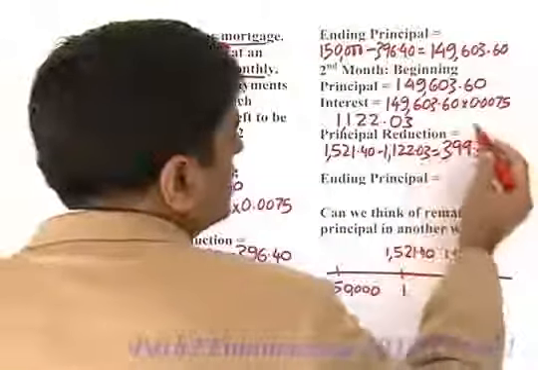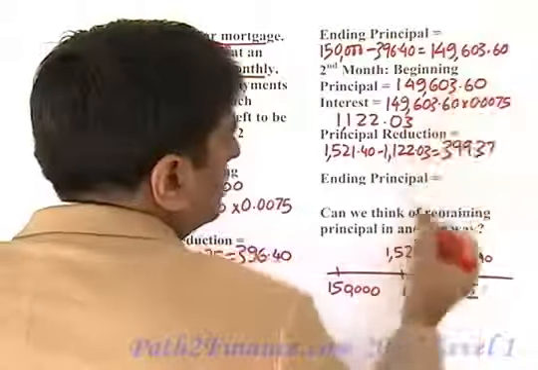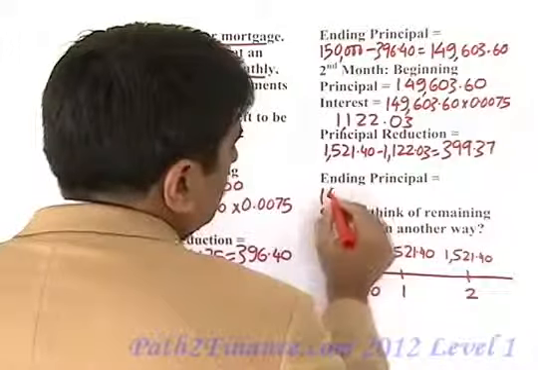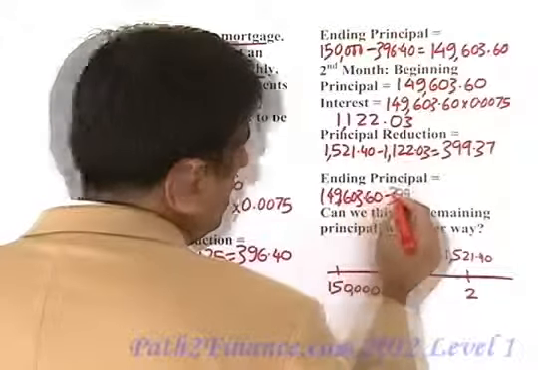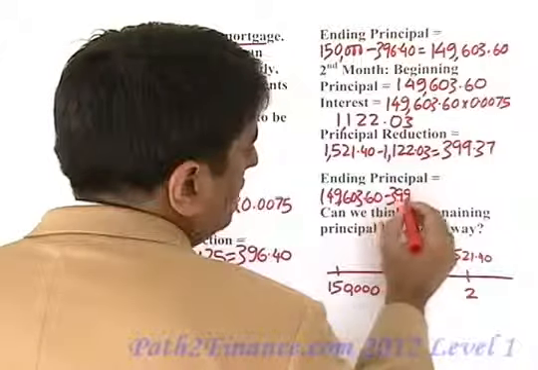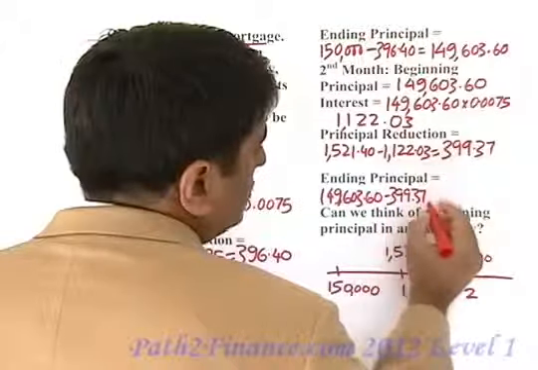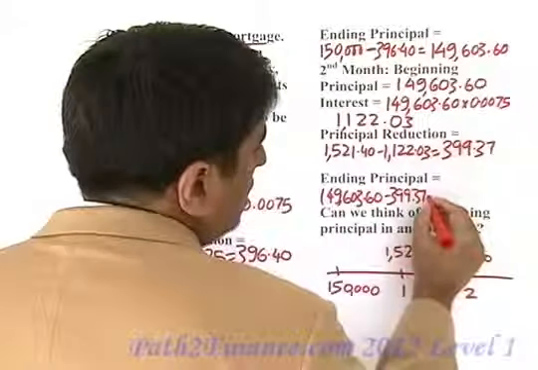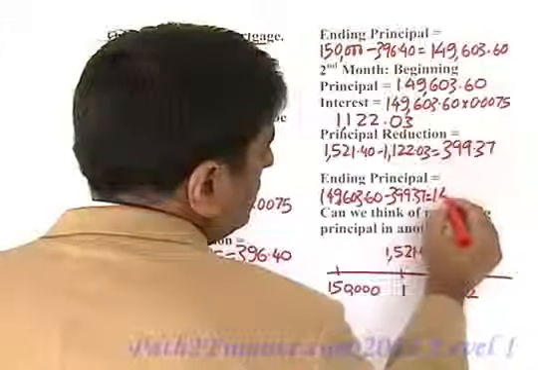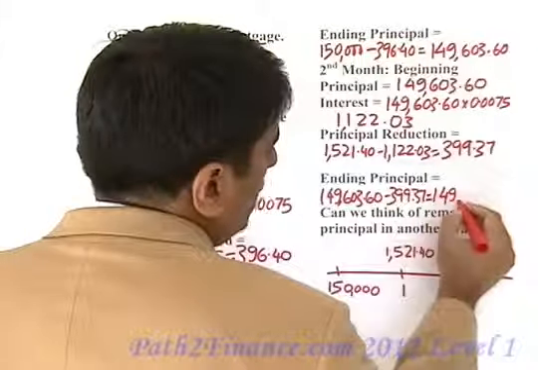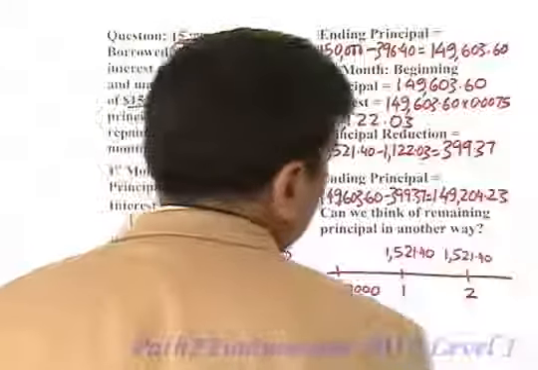You take out this principal reduction from the beginning principal for the second month, which was 149,603.60 minus 399 and 37 cents, gives you the ending principal to be 149,204 and 23 cents.